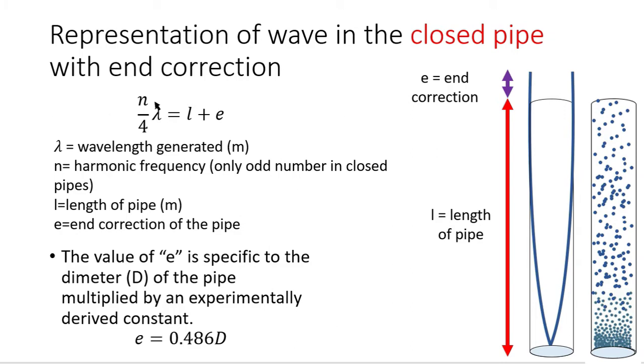Whatever odd number harmonic you can create in that closed pipe. The number 4 is a constant. The wavelength is something that can be measured, and it's usually related to the length of the pipe. Now, the only variable that comes up here that's different is this end correction value, which can be determined by the diameter of the pipe, or it can be algebraically or mathematically determined.